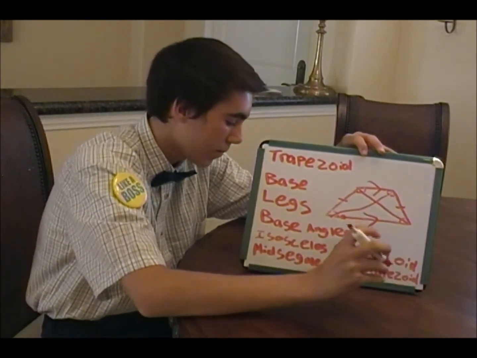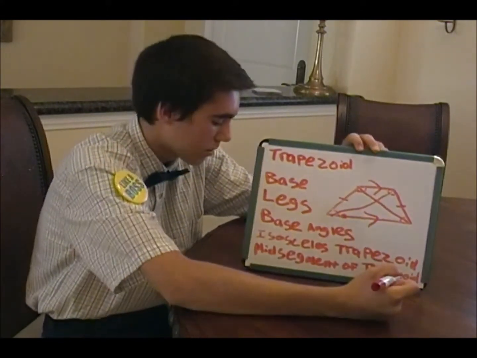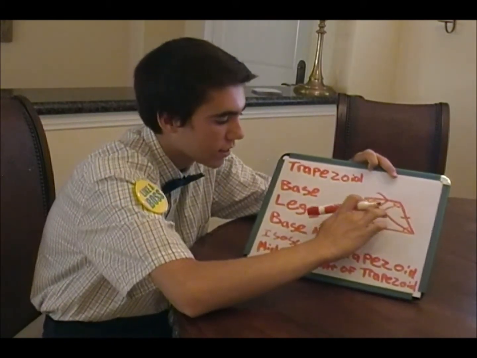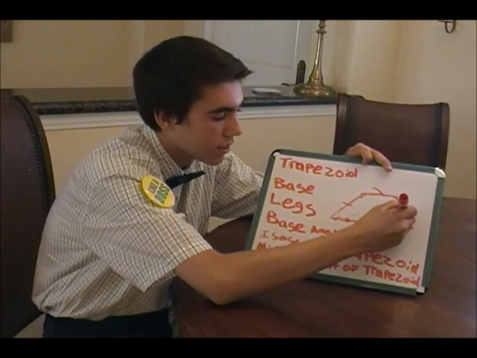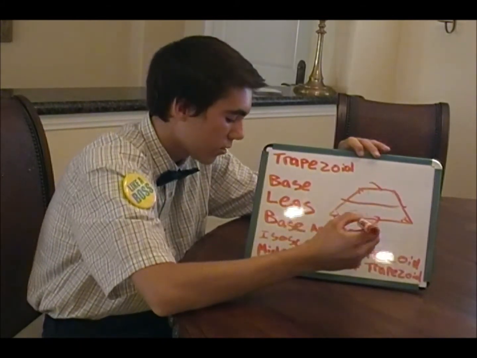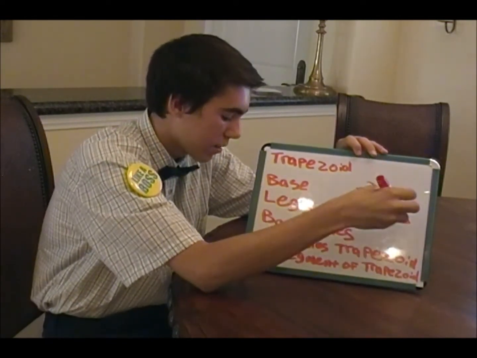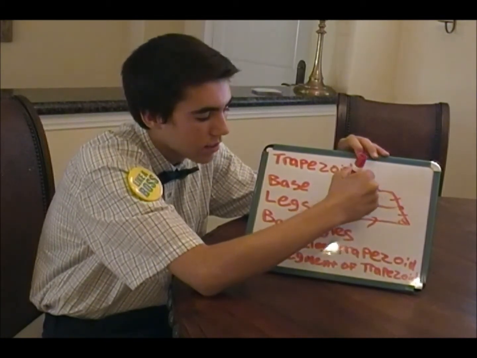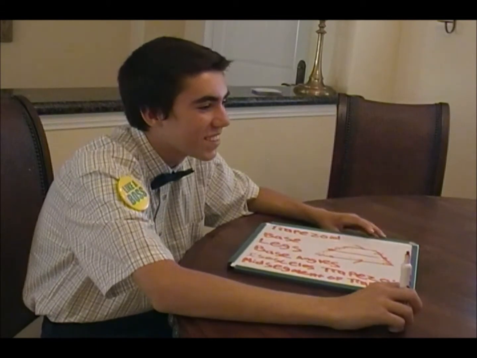And then we have the mid-segment of a trapezoid. The mid-segment goes from here to here, and its endpoints mark the midpoints of the legs. So this side and this side are congruent, and this side and this side are congruent. So you got that, Kelly?